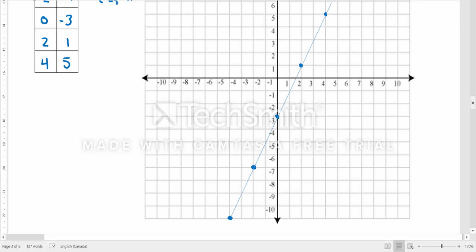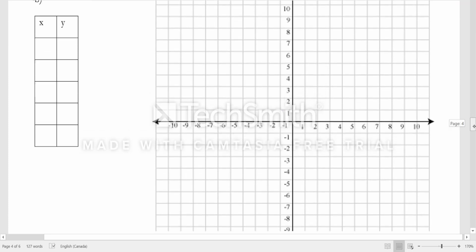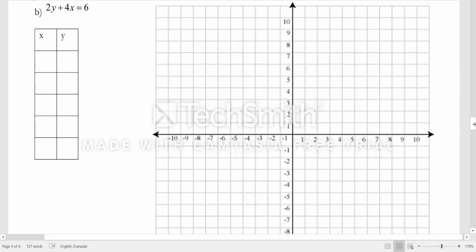All right, so we'll keep going down the page to the next one. What you're going to have to do here first is isolate the y.